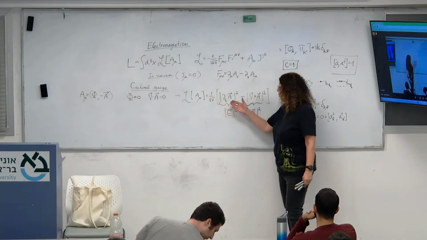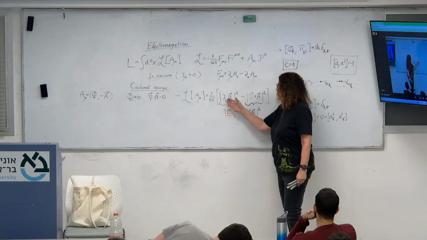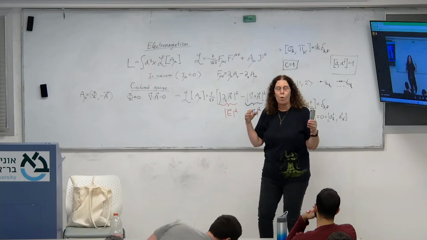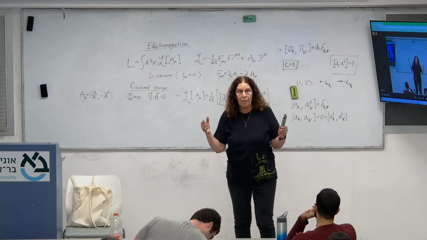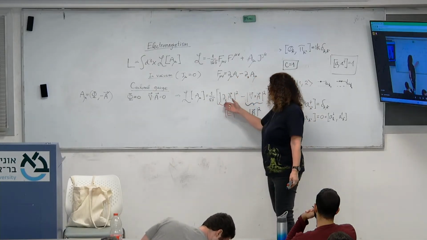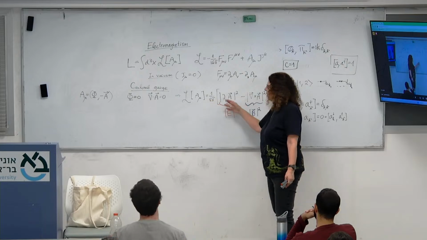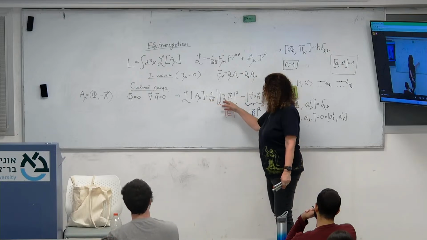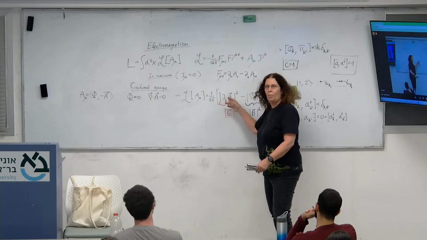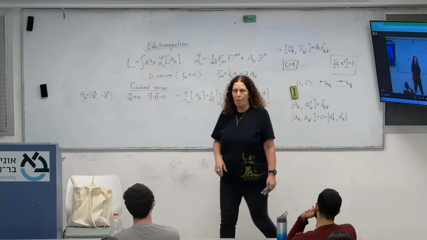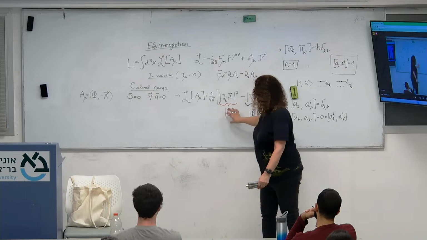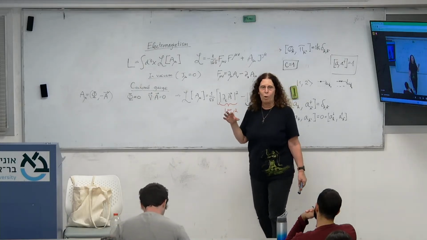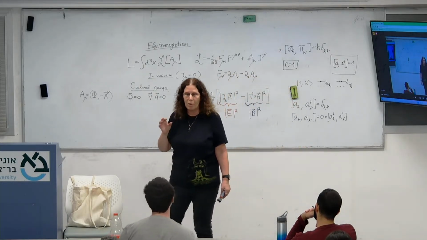If you view A as the coordinate, then the conjugate momentum is the derivative with respect to the time derivative of A, so the electric field is in some way playing the role of a momentum, up to a constant.